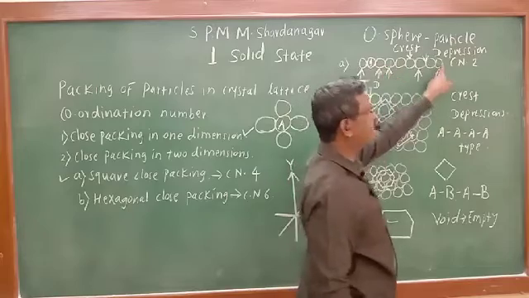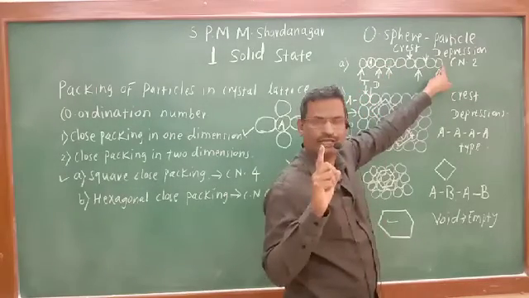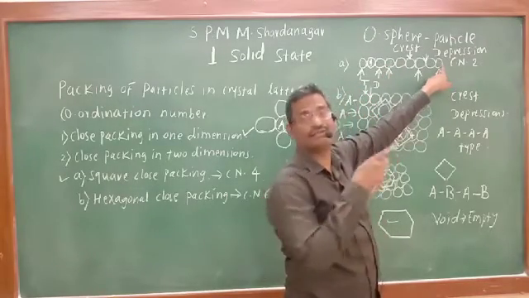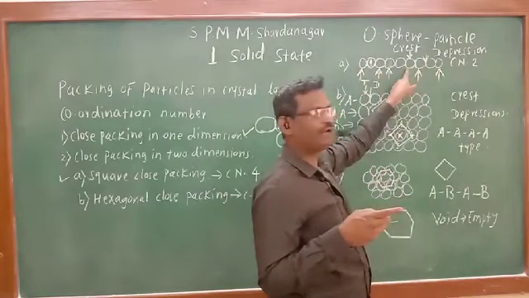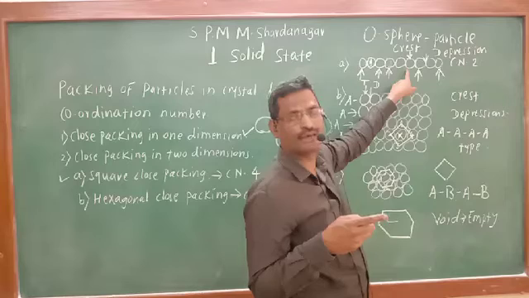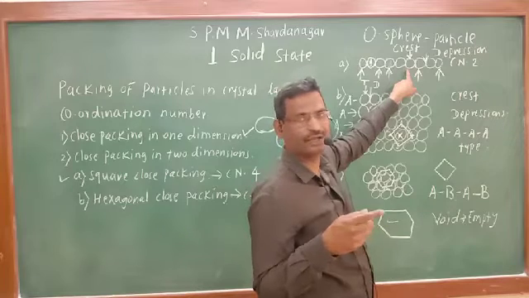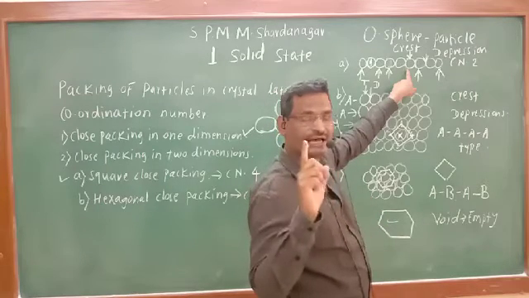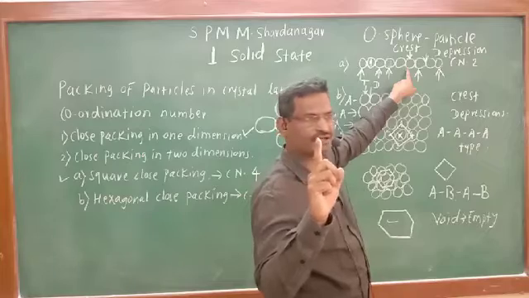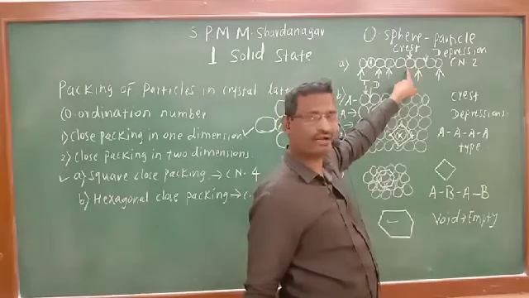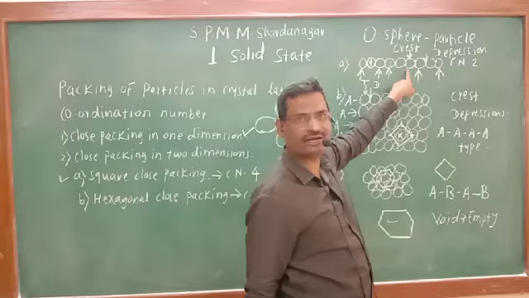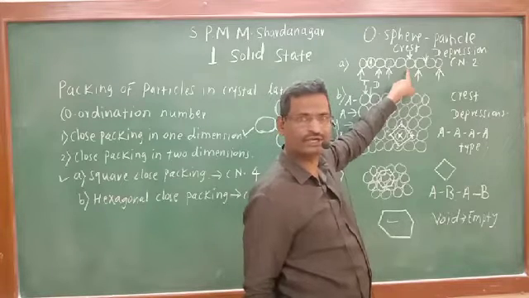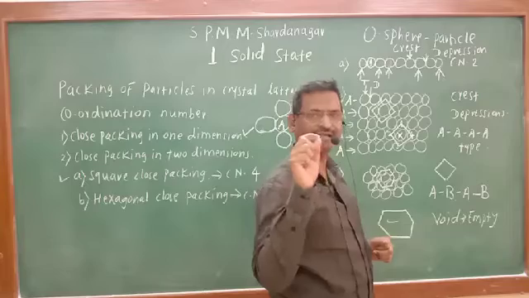All these spheres I have shown in only one dimension, so it is known as a one dimensional arrangement, close packing in one dimension. Now see what happens to coordination number. Coordination number is the number of neighboring spheres with which the given sphere is attached.